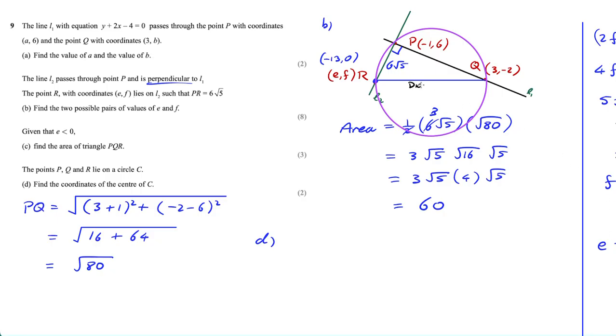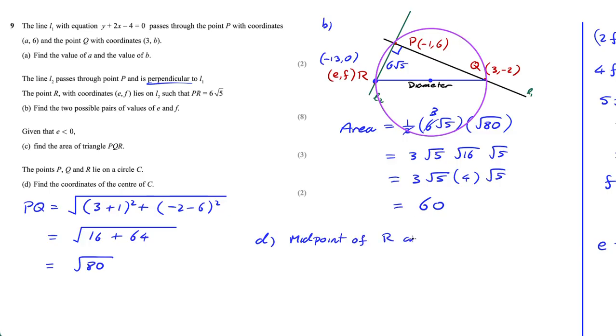Now what does he actually want? He wants the coordinates of the center of the circle. It's only 2 marks. So I guess the first mark is understanding this, and then you realize the center is just the midpoint of R and Q. And that's just going to give me the answer.